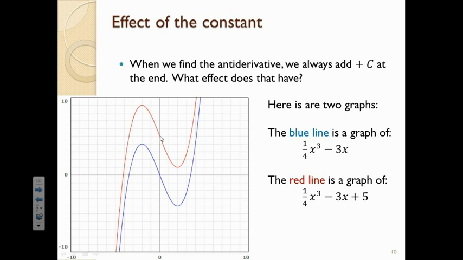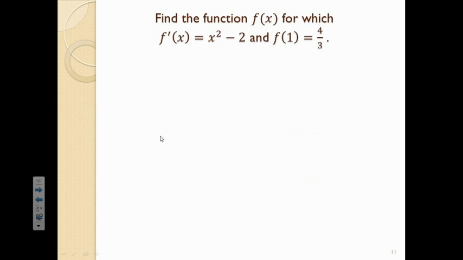So if we have a point where the antiderivative goes through, or have some way of identifying the location of this line, then we could actually find what c is. And that's what we're going to do here. Here, we want to find the antiderivative. We want to find the function f of x for which the first derivative is equal to x squared minus 2. And we know that if we put 1 into the antiderivative, we'll get a value of 4/3.